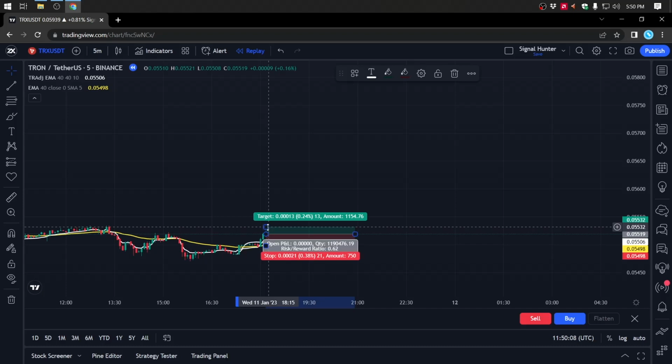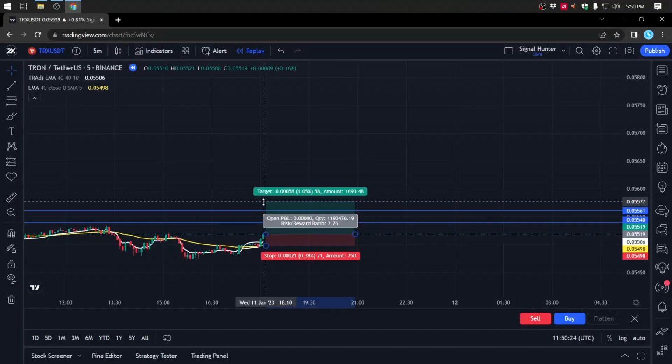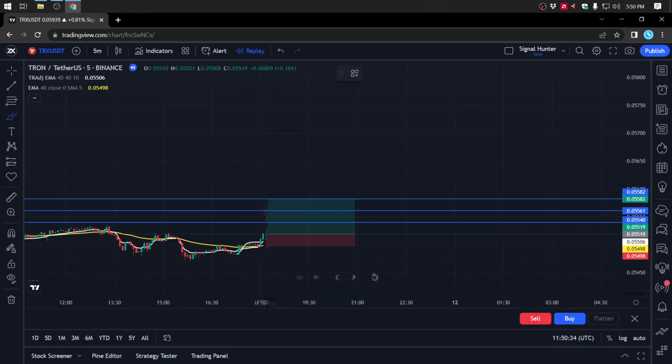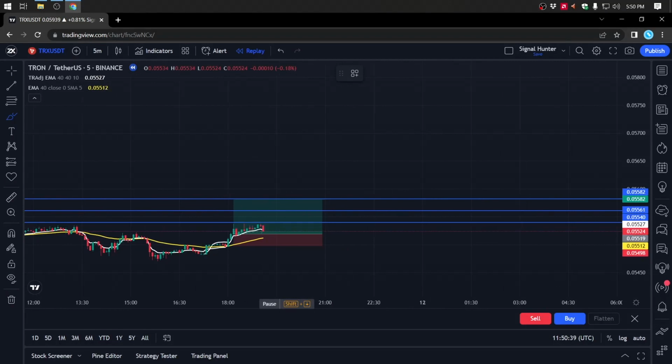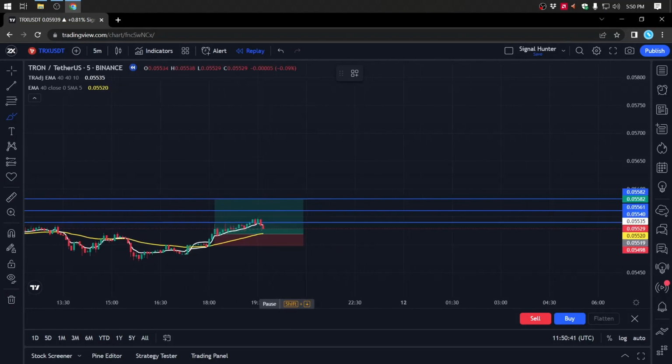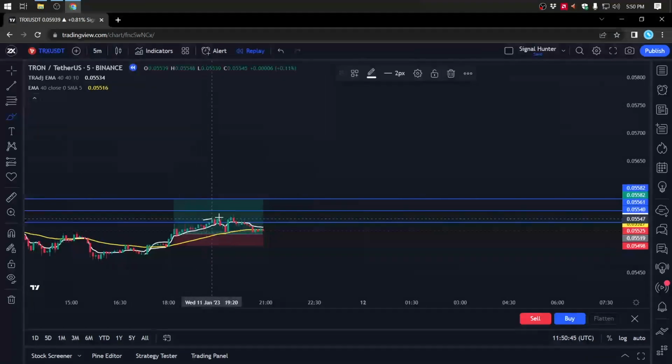Our first profit target will be 1 times the stop loss, the second profit target will be 2 times the stop loss, and the third profit target will be 3 times the stop loss. After a few moments the price is trying to go up, and let's see what happens. You can see the price successfully hit our profit target 1.